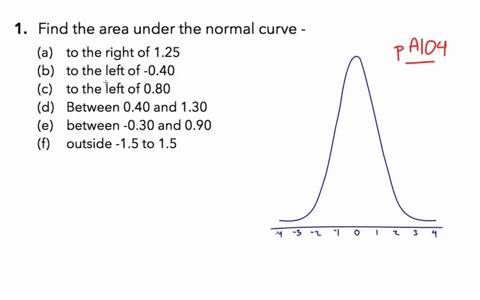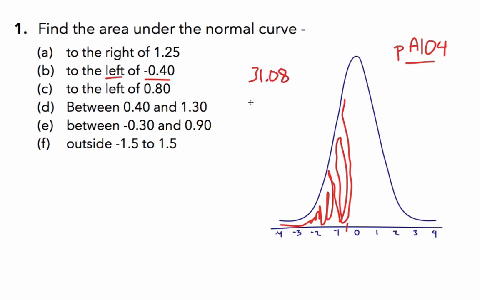Part B asks about the number of observations to the left of negative 0.4. I'll mark this standard unit and shade in the appropriate part of the curve. In the table, we can see that 0.4 is associated with the area 31.08.